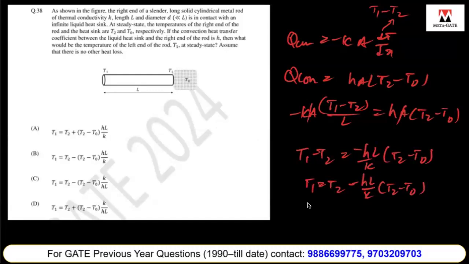Conduction is flowing in this direction, T1 minus T2, and the convection is also flowing in this direction, T2 minus T0.